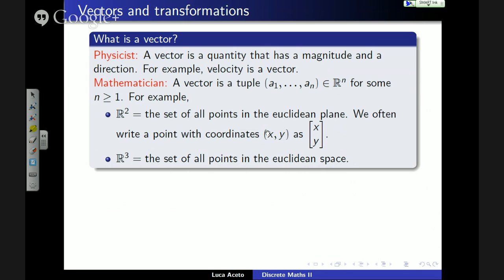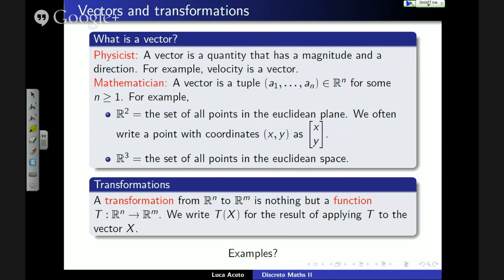R2 is the set of points in the Euclidean plane, in the Cartesian plane. We will draw them later on. R3 is the set of points in Euclidean space. R4 is space-time, but we are not going to go there. In general, we can deal with R^n, but we are never going to draw anything beyond 2 dimensions. That's already difficult enough for me.